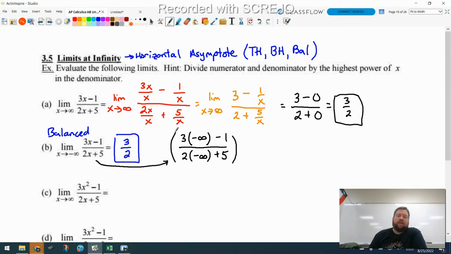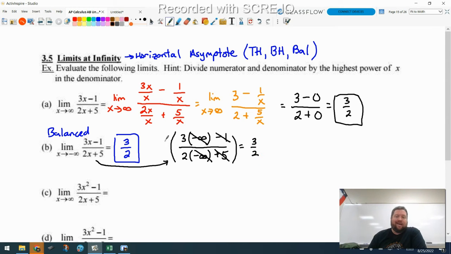And so they know that infinity dominates, so we can ignore these parts. And then it's a negative divided by a negative, and the infinities kind of cancel out, if you will, and then 3 over 2.